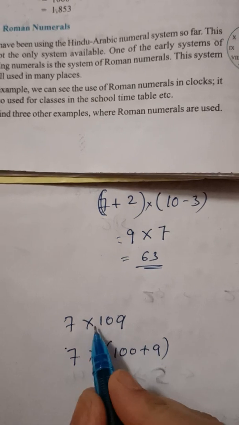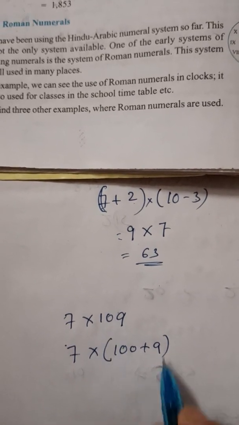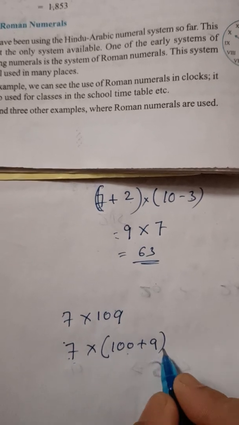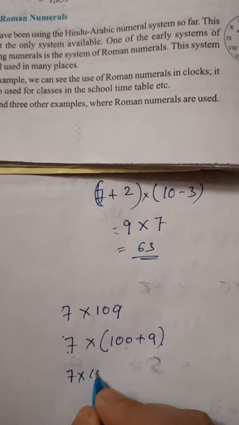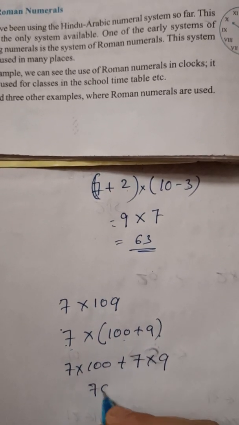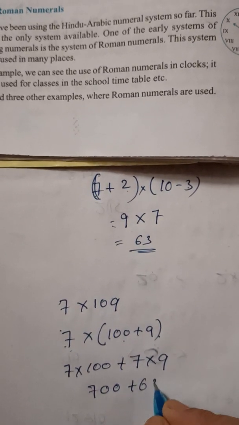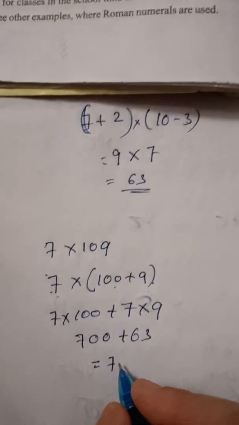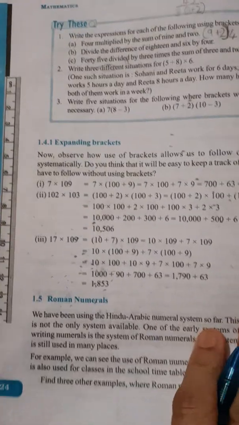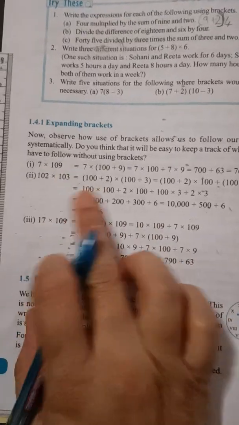So we are expanding the numbers inside the bracket. So then we can multiply 7 with 100 and 7 with 9 and then add 7 into 100 plus 7 into 9. 7 into 100 is 700, 7 into 9 is 63. So that is equal to 763. So this is how we can expand the numbers using the bracket.